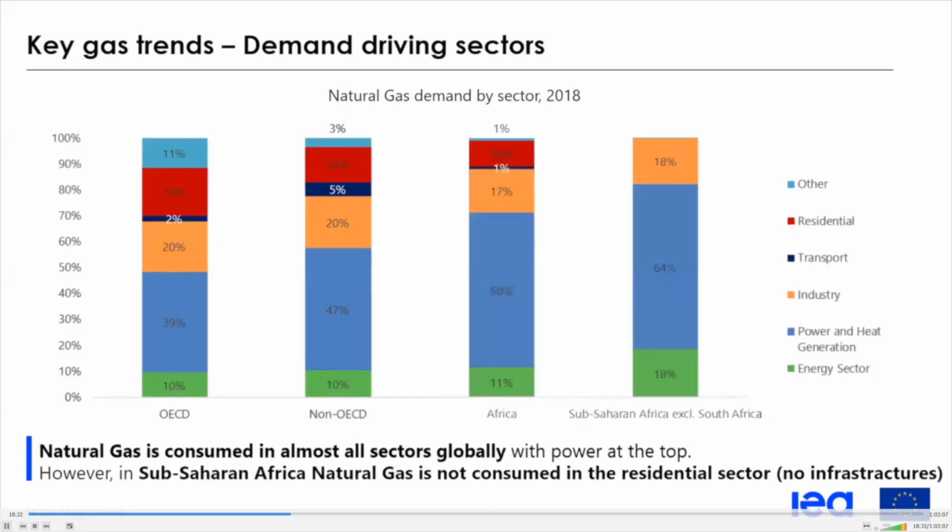If we have a look at Africa and more specifically sub-Saharan Africa, we can see that this trend is becoming more and more visible, with Africa consuming 60% of its natural gas for power and heat generation, and even more for sub-Saharan Africa.